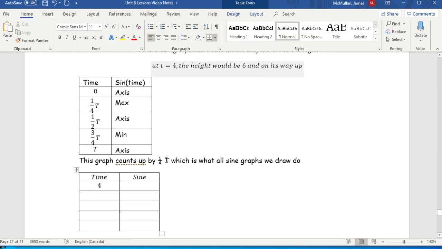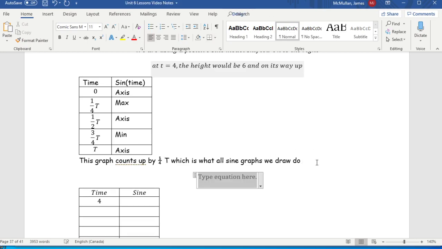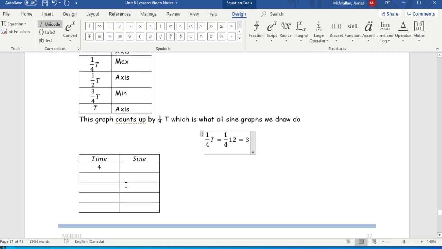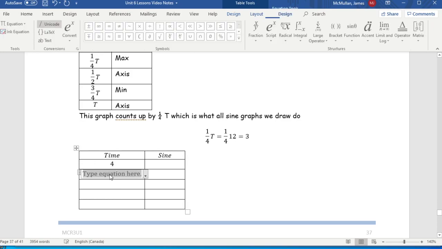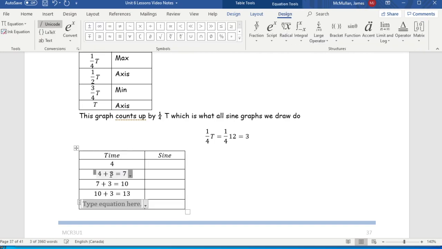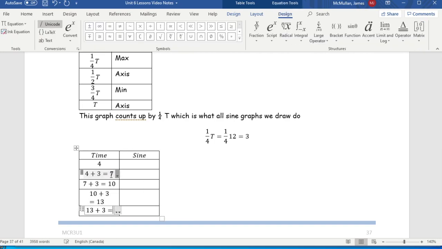And we know that the period is 12, so one quarter of the period is 1 quarter of 12, which is 3. So the next point would be 4 plus 3, which is 7. The next point would be 7 plus 3, which is 10. The next point would be 10 plus 3, which is 13. The next point would be 13 plus 3, which is 16.